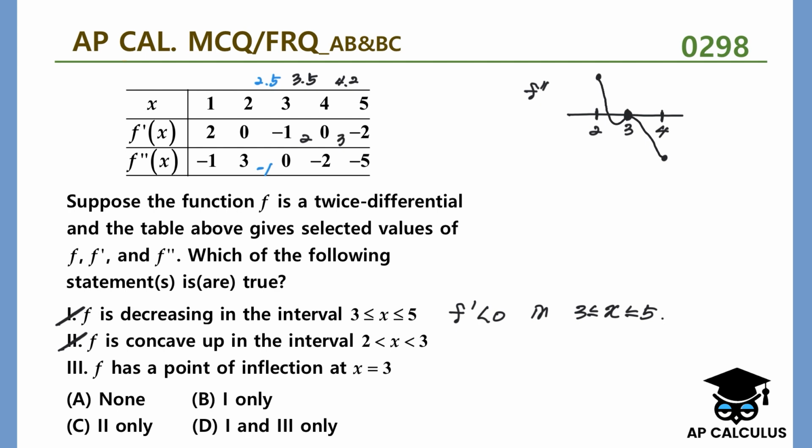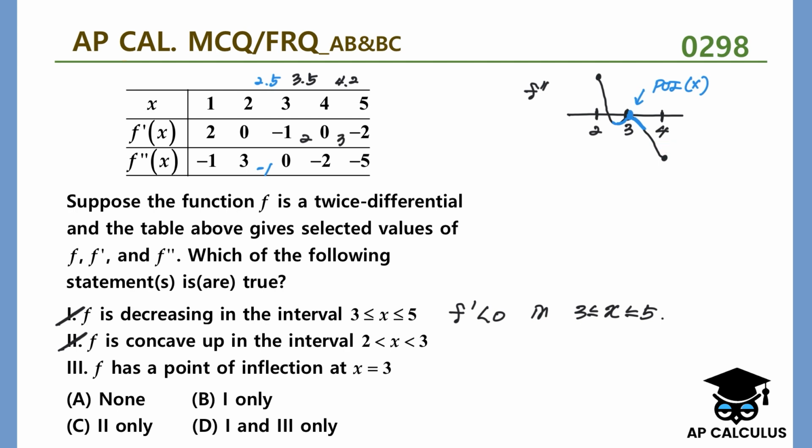Then at this point right here, f double prime is negative here, right? And negative here, right? Then this is not going to be a point of inflection. Do you guys see what I'm trying to say? So we don't know what happens between these two values and these two values, right?